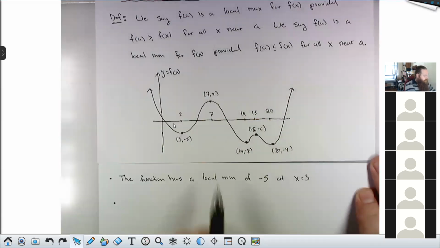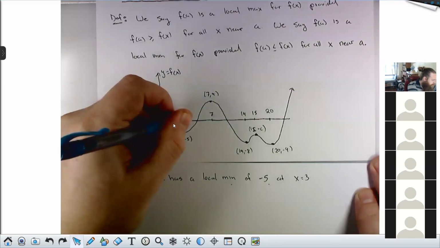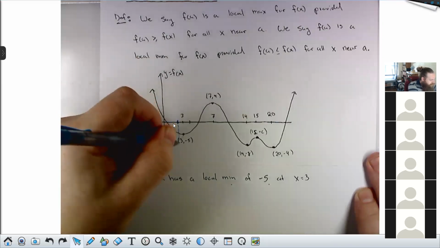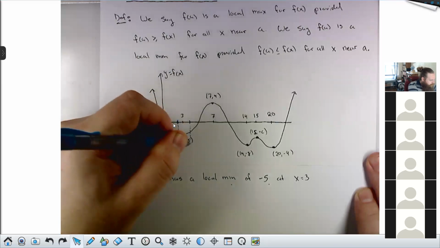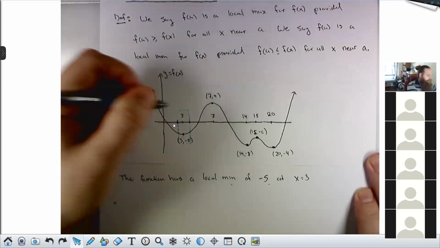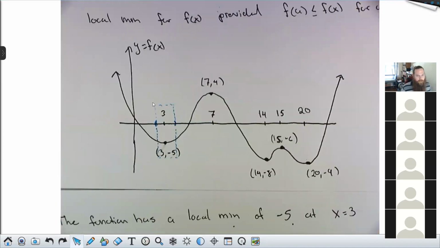The reason we have a local min of -5 at x equals 3 is because if you just look nearby, if you look at some open interval centered at 3, if you just pay attention to a little window here, you draw a little box around this portion of the graph, and you zoom in and pay attention only to that little spot, within this little box, that point is the lowest point on the graph.